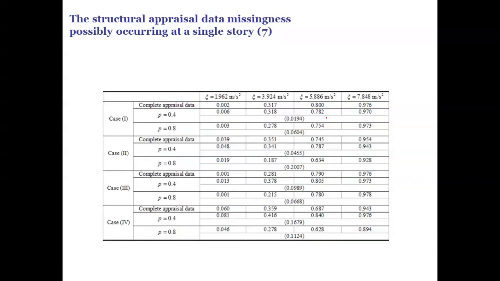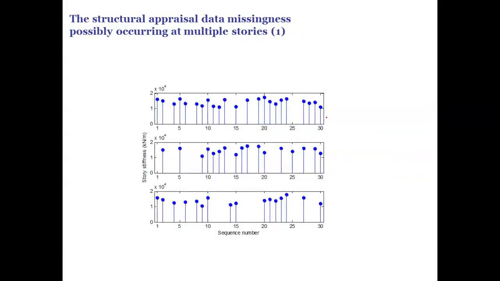The conclusion was there is indeed a significant difference between results from complete appraisal data and those from the incomplete appraisal data. So this kind of data missingness event indeed can make a difference. This is further confirmed by another test.